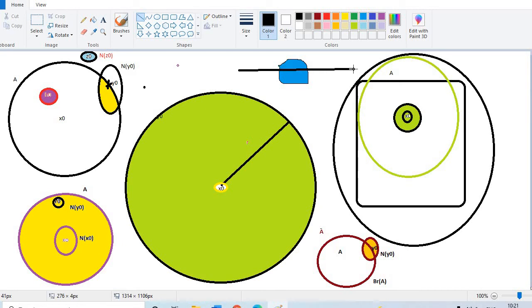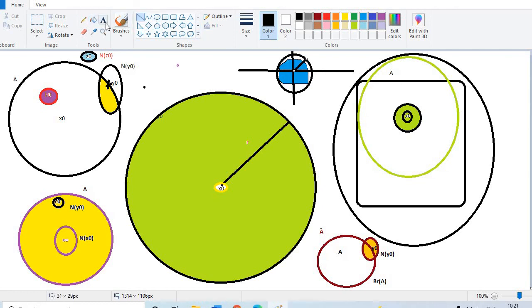X axis, Y axis. This is origin. So you can consider a circle. So what is this circle? What is the distance between, or the radius of this circle?